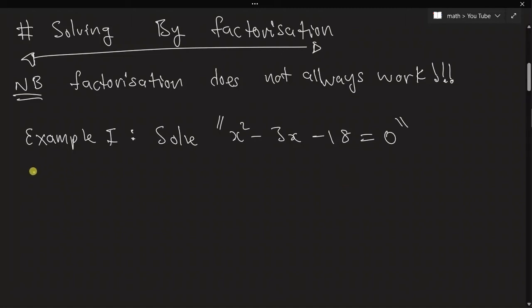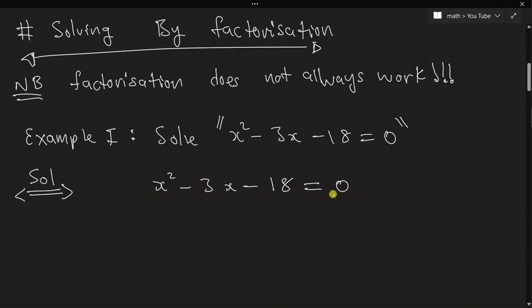And how do you go about that? To solve such equations, we proceed as follows. You take your quadratic equation and make sure it's written in its general form. By general form, it means it has to appear in the form ax squared plus bx plus c equal to 0.